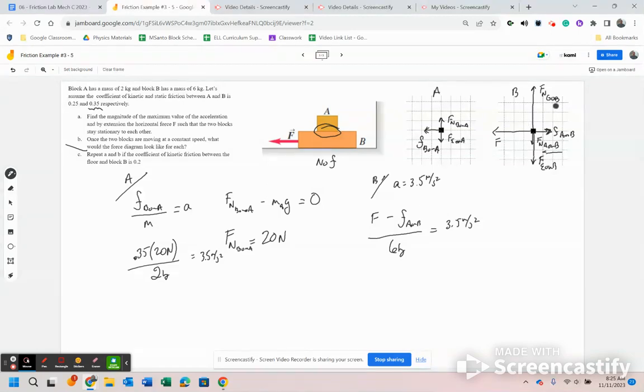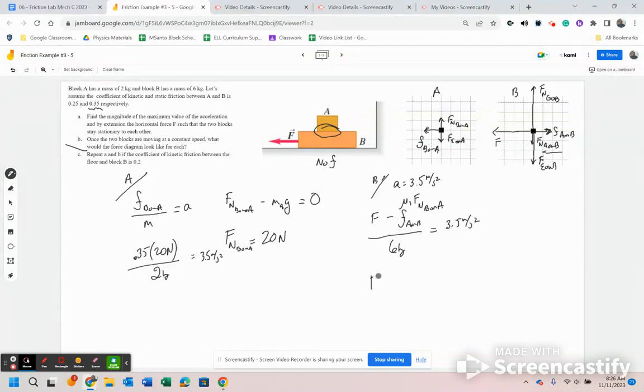The normal force of the ground on B is between the ground and B. However, when we're looking at this friction, it occurs between A and B. So this here would have a normal force of 20 newtons. And because the boxes are not sliding, this is going to be the coefficient of static friction times the normal force of B on A.